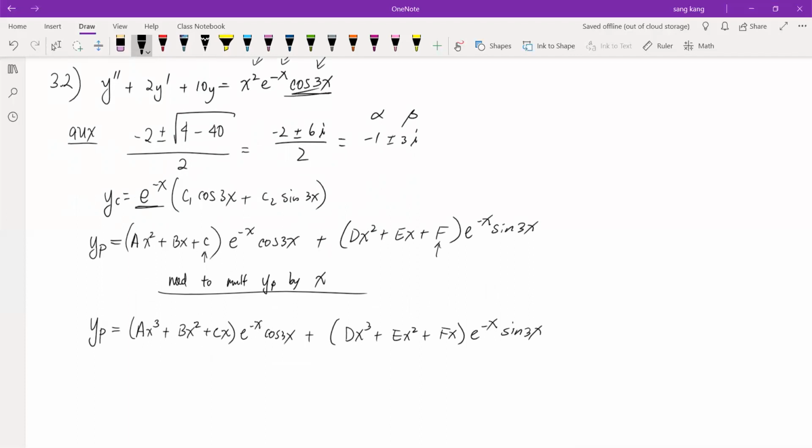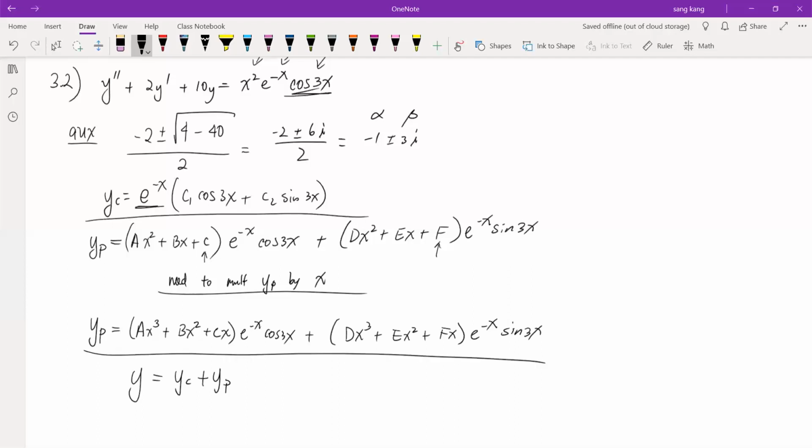So now your general solution will be yc plus yp. Is that clear?